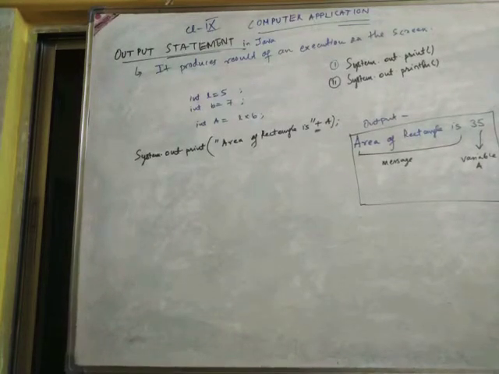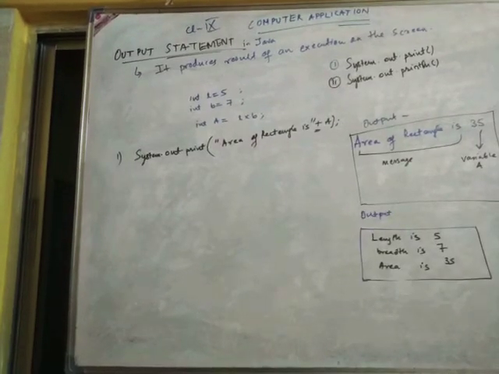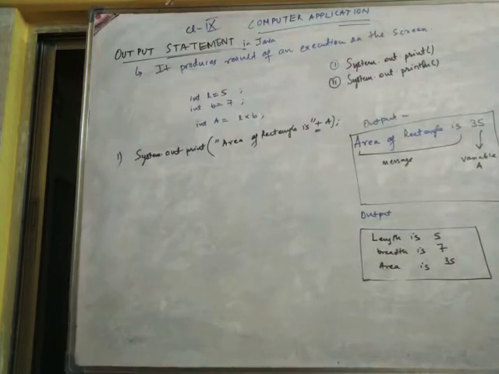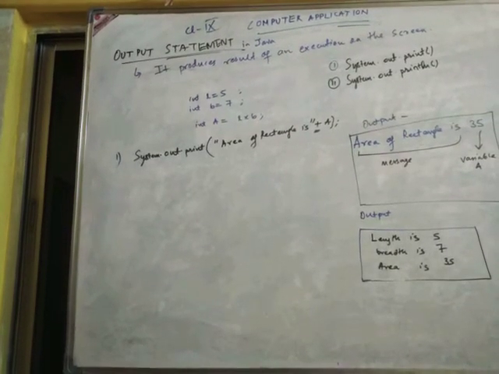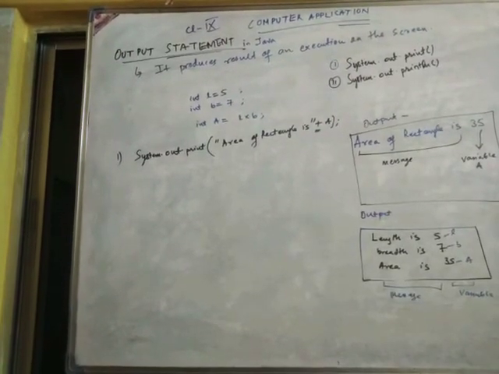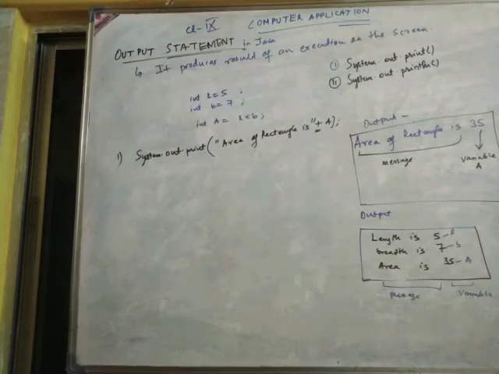Now if I want it in another fashion, let's say the second example: the output I want is length is 5, breadth is 7, area is 35. We know that 5, 7 and 35 are the variables L, B and A. Now if I want to output this, in line number 1, what to write?